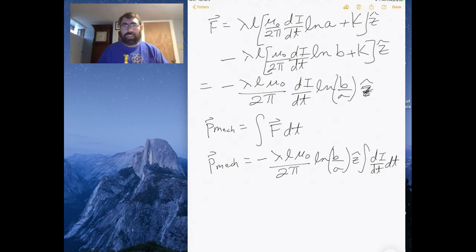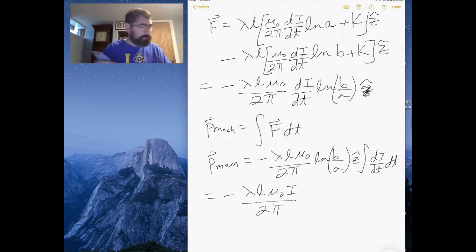So when I integrate that, eventually what I get is the current. So I have minus lambda L mu 0 I over 2 pi natural log B over A, like so, in the z direction.